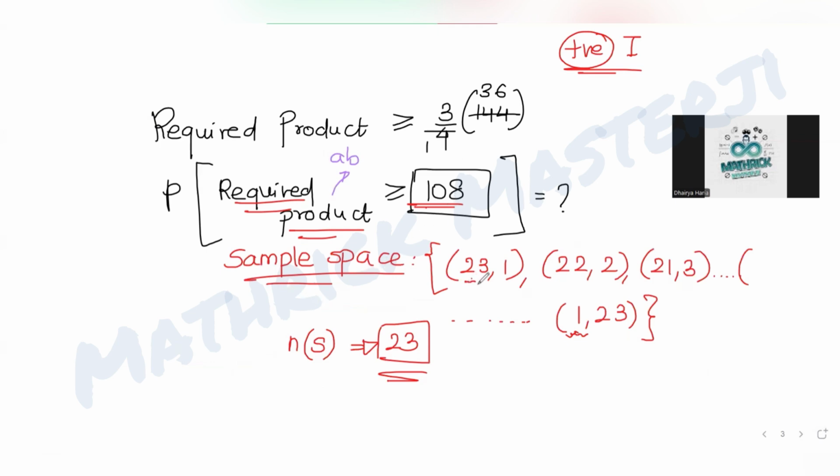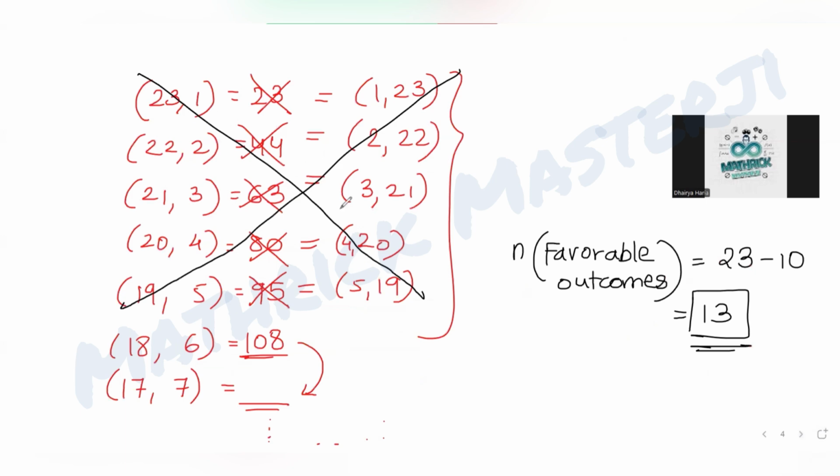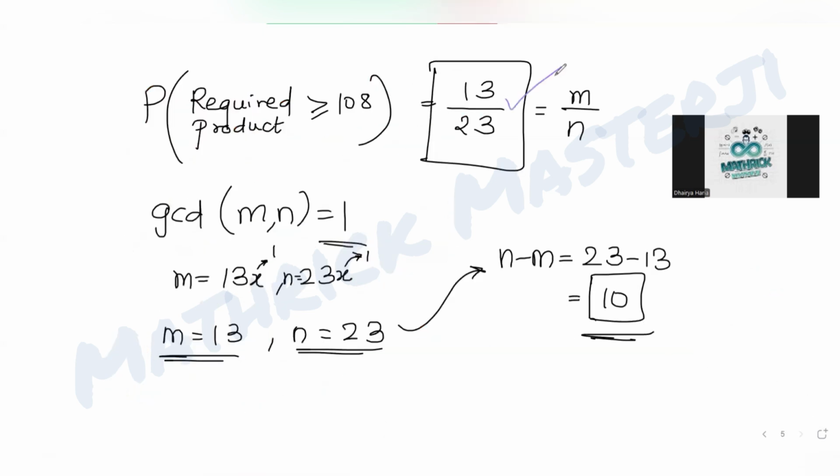I had the sample space of 23 terms in total. Out of that, 10 did not satisfy the given requirement of the product being greater than or equal to 108. And that was satisfied by the remaining 13 outcomes. So your answer becomes 13 over 23 for the probability.